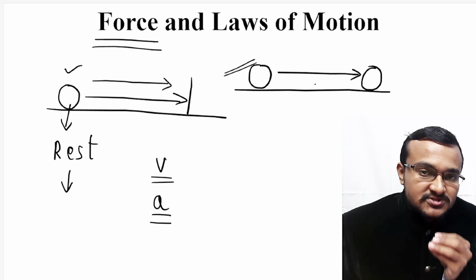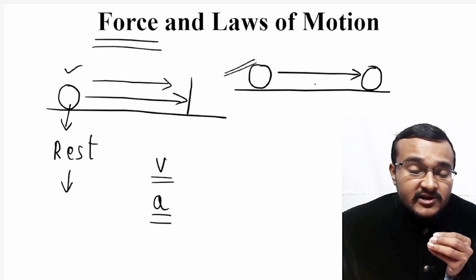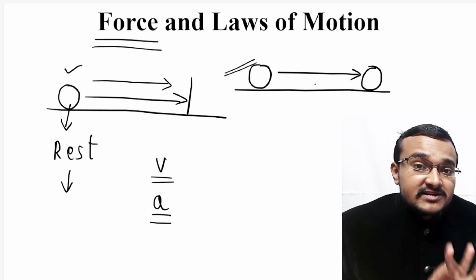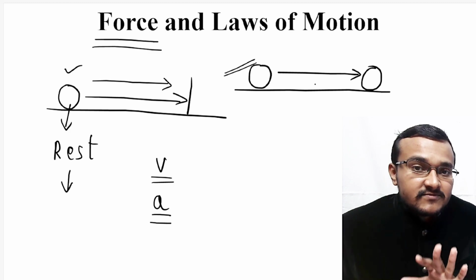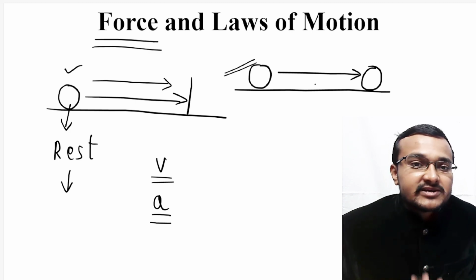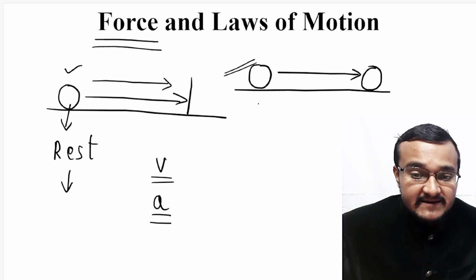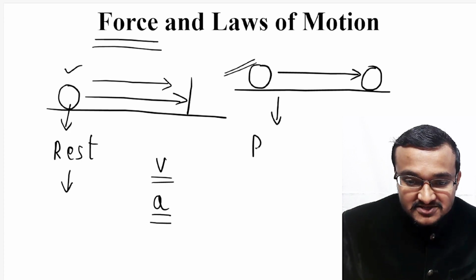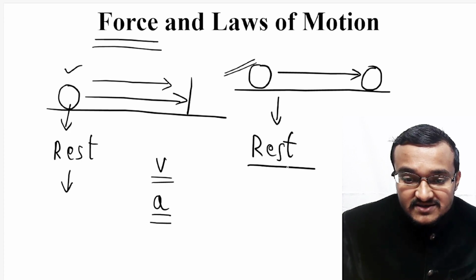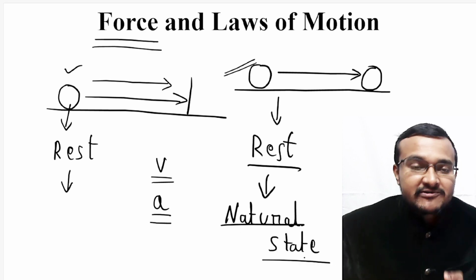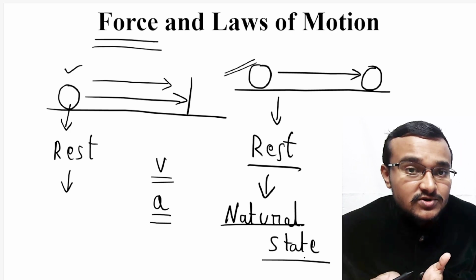When scientists thought about this, for a long period of time it was thought that coming to rest is the fundamental nature of any object in the universe. Most scientists believed that rest is the natural state of an object. That's why, because rest is the natural state, the object comes to rest.